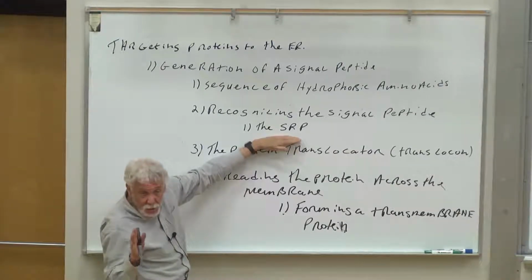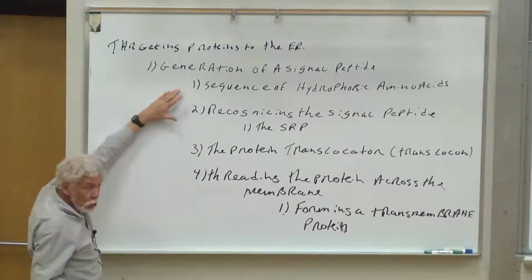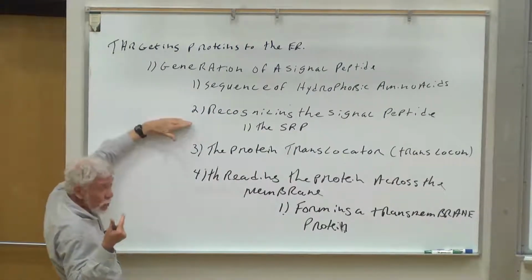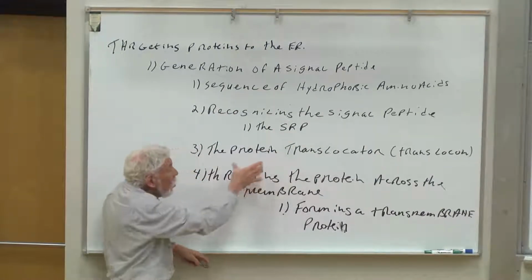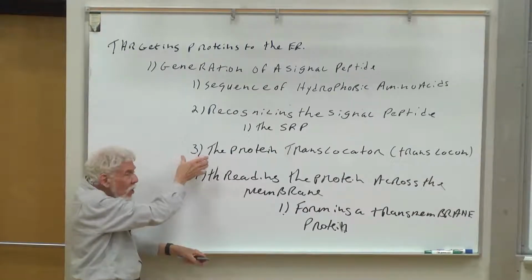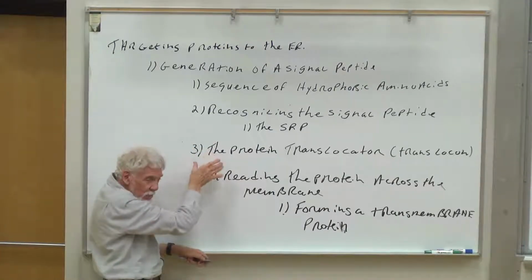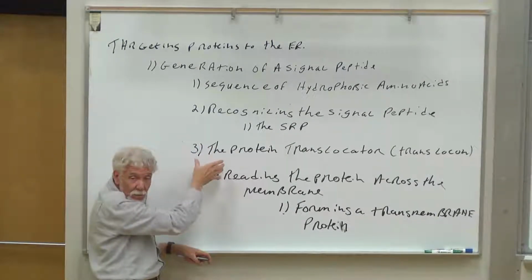That doesn't last very long. What will happen then is the machine of the ribosome, the mRNA, and the protein that's being produced attached to the signal recognition particle, that machine will now find its way, in ways that aren't entirely clear, to the endoplasmic reticulum. It will bind to the membrane of the endoplasmic reticulum.